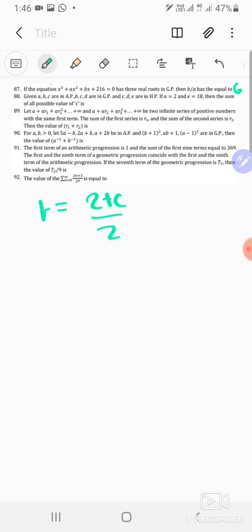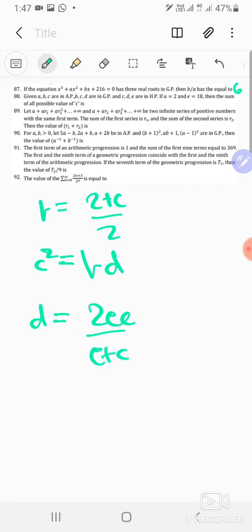Okay, fine. And then what else do you have? You have that B, C, D are in GP, so C squared equals B times D, fine. And C, D, E are in HP, so D equals 2EC upon E plus C, but we know E is 18. So 2 into 18 into C upon 18 plus C.